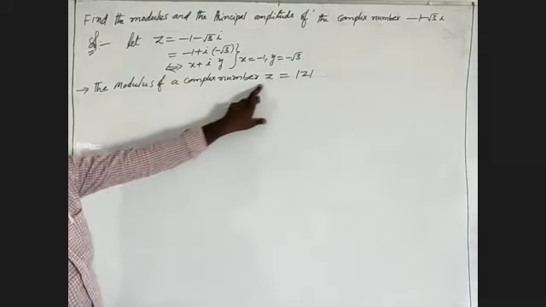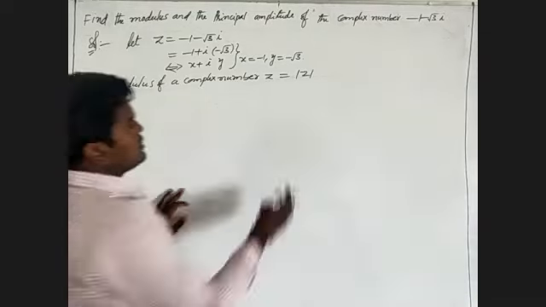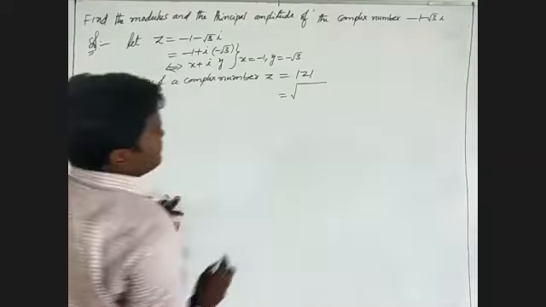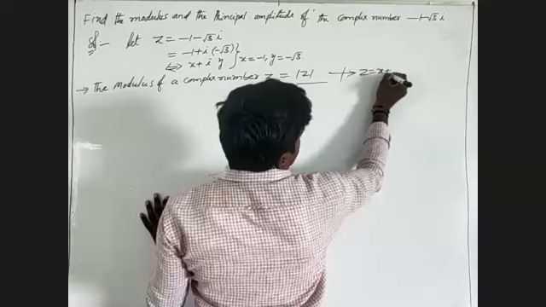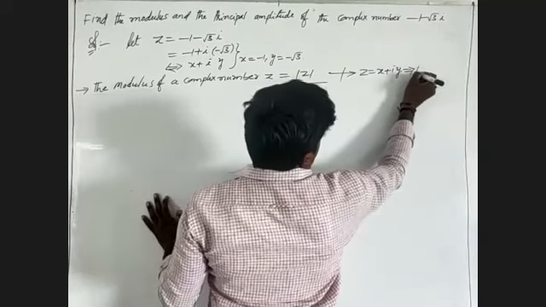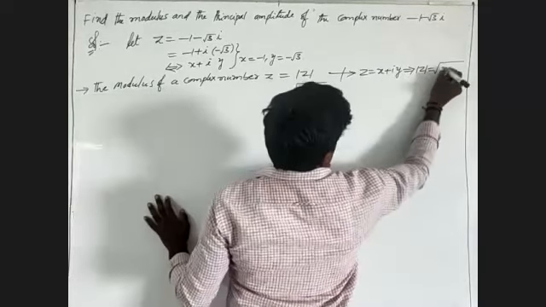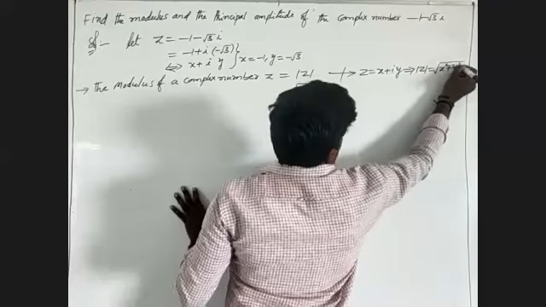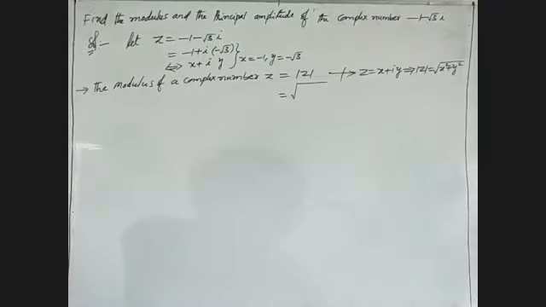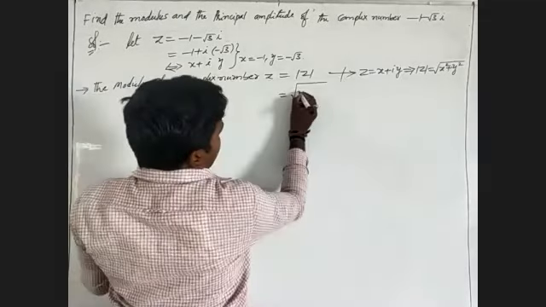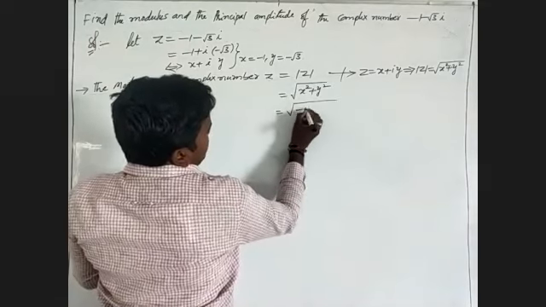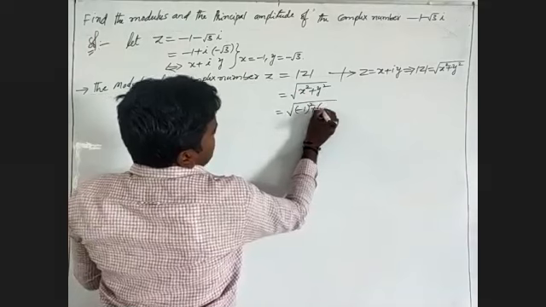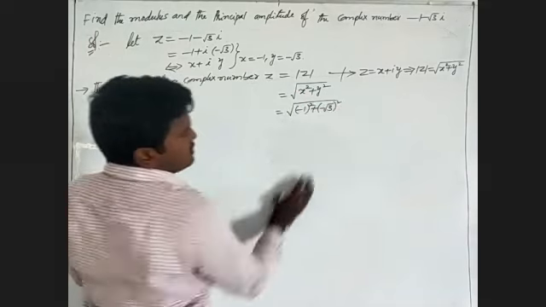We know the complex number z is equal to x plus iy, and that implies the modulus is root of x square plus y square, where x is minus 1, so minus 1 whole square, and y is minus root 3, so minus root 3 whole square.